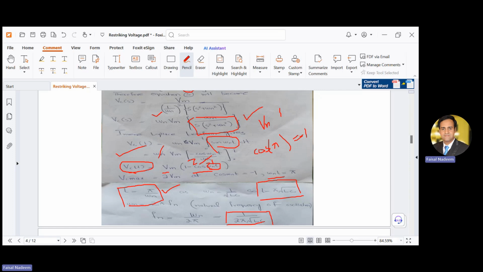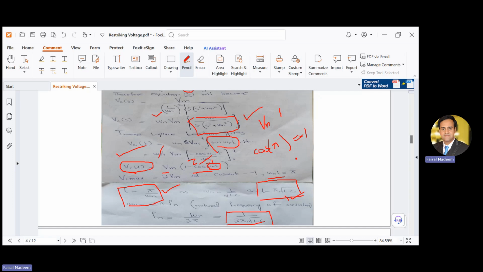So the time for the restriking voltage is dependent on the circuit parameters which are L and C. Similarly, the frequency of the restriking voltage, the transients in the restriking voltage, also depends on the circuit elements, that are capacitor and inductor. So the frequency and time both are dependent on circuit elements that are L and C.